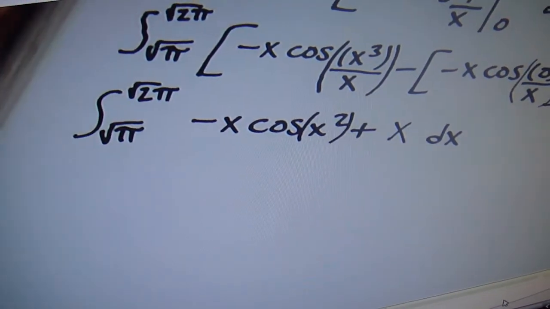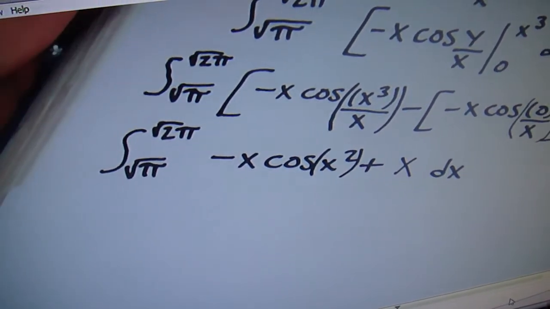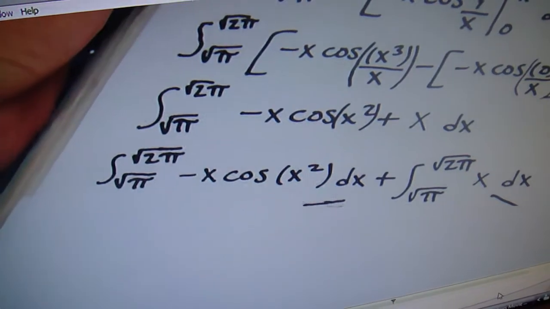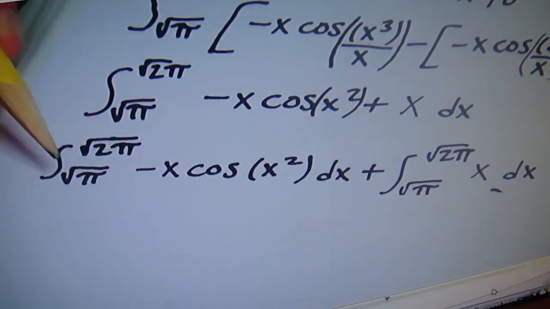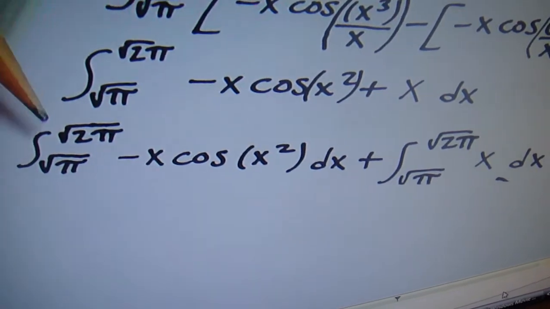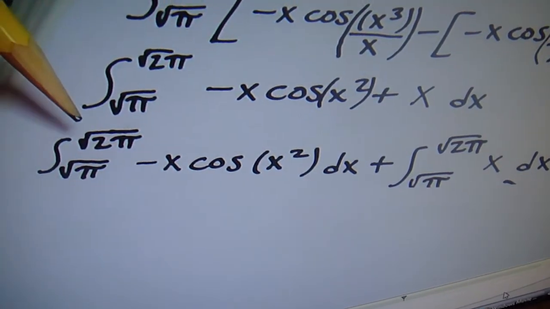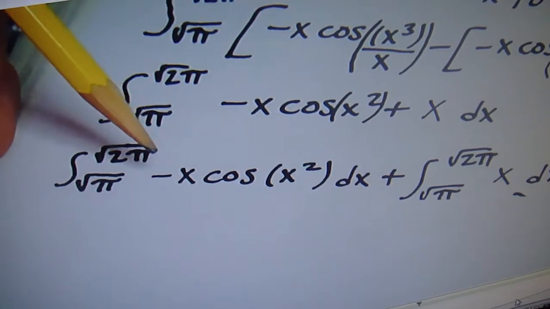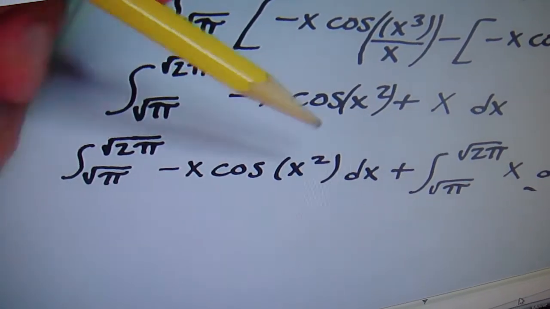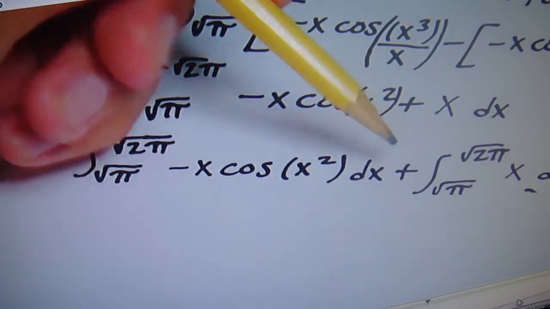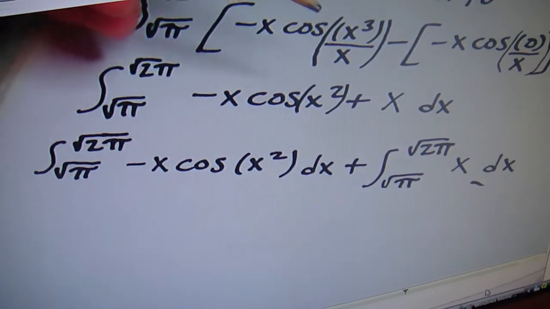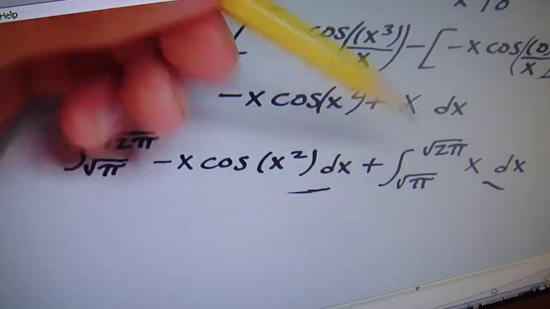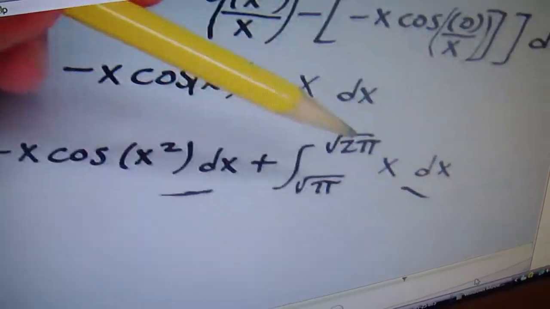Now we're gonna go a little bit fancy. Now we're gonna split the integral because we can, and we have from square root pi to square root 2 pi negative x cosine x squared dx, plus the other part from square root pi to square root 2 pi x dx.